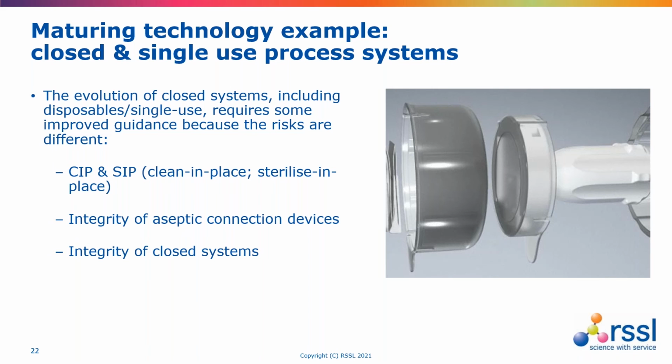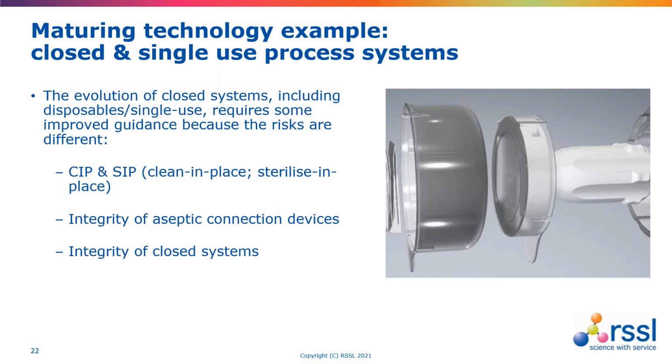So while these technologies are very useful, we do need to make sure they are suitable and have been suitably assessed as well. So there should be a validation package that accompanies them. So we should know what happens in terms of leachables and extractables, and particularly extractables when product passes through.